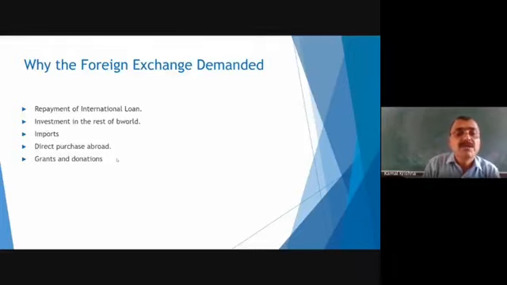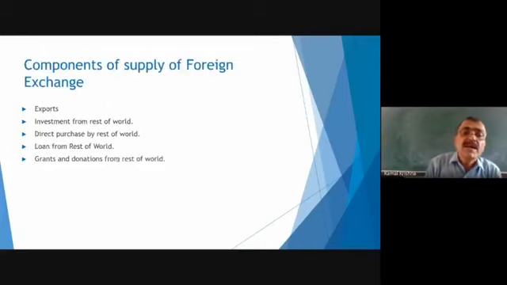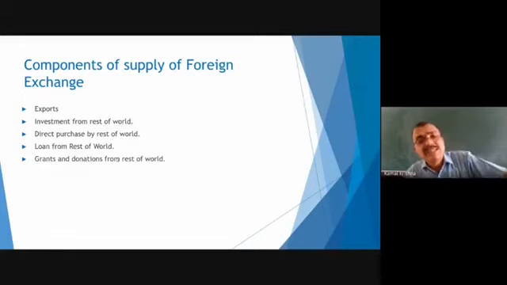We demand foreign currencies. Now the next is, students, what are the sources of the supply of foreign exchange? पूर्ति कैसे की जाती है विदेशी मुद्रा की? What we have studied in the demand for foreign exchange, these are just the reciprocal of those points. We demanded foreign exchange for import purposes, but we supply foreign exchange for export purposes.